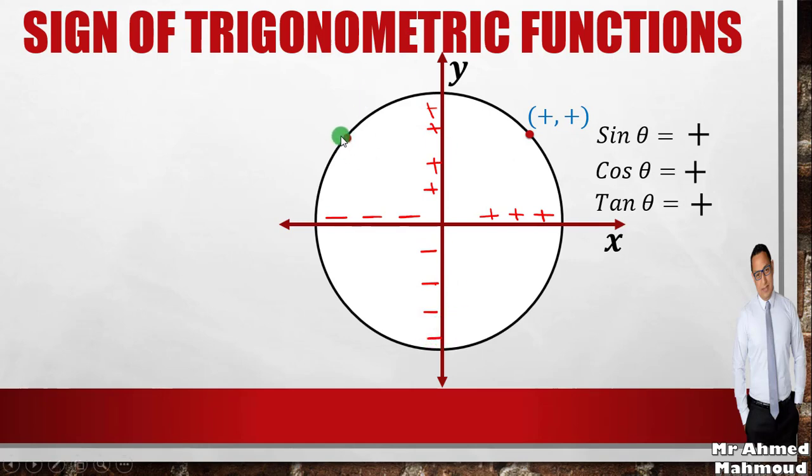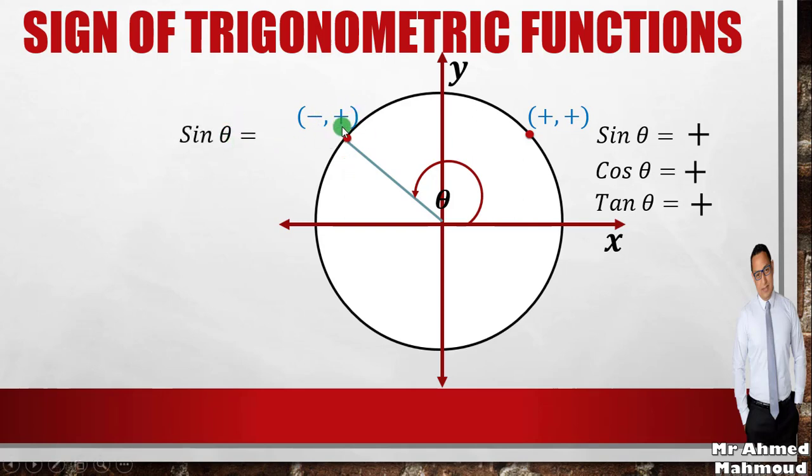Here x is negative and y is positive, like this. This is theta in the standard position, which belongs to the second quadrant, coming from the positive direction of the x-axis to here. This one has two signs, negative and positive: x is negative, y is positive. So I can conclude the signs like this.